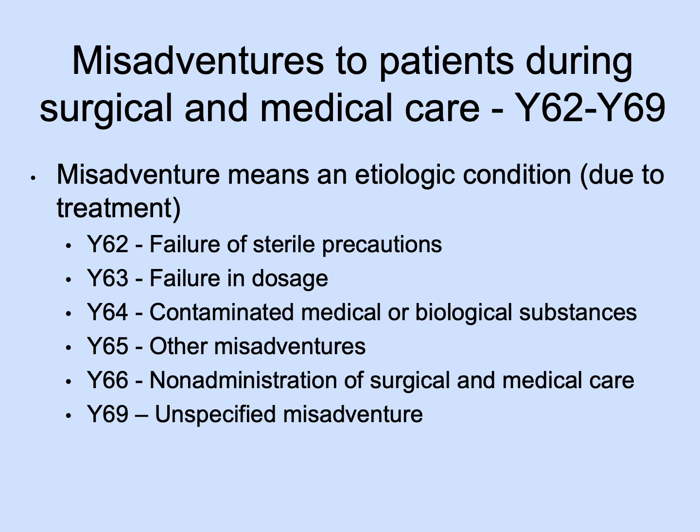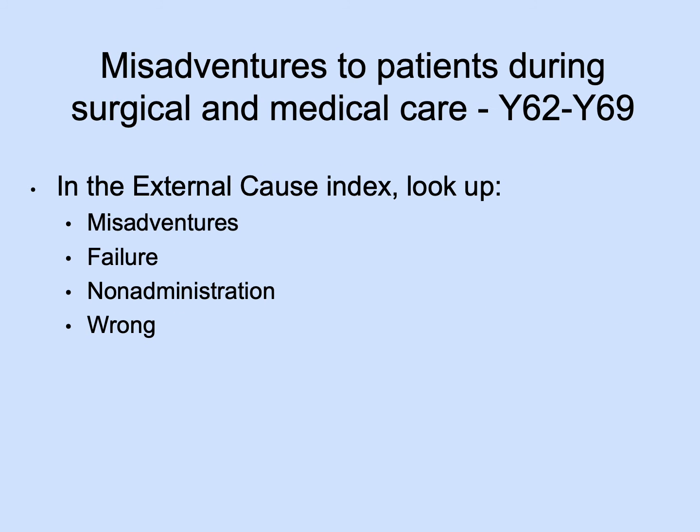Y66, non-administration of surgical and medical care. Y69, unspecified. So those are all mistakes. So to find these codes, go to the external cause index and look up misadventures, failure, non-administration, or you can simply look up wrong.